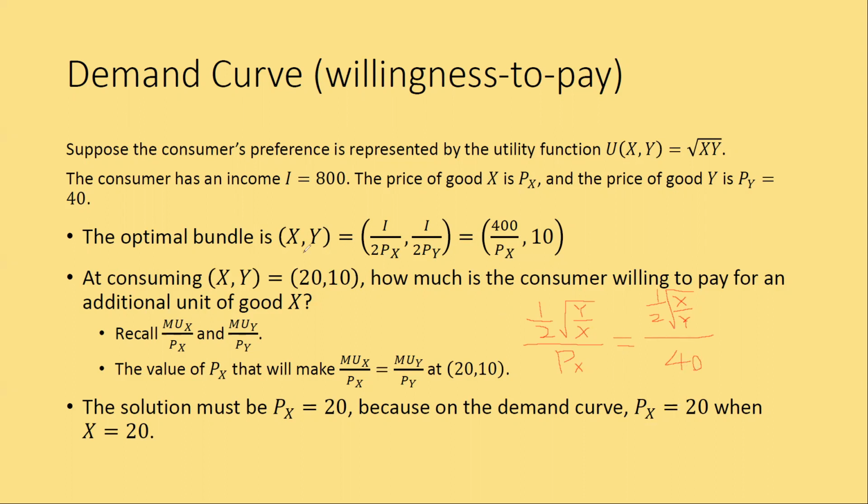I'm also going to substitute x and y being 20 and 10 into this expression. So this says half times the square root of 10 divided by 20, divided by Px, equals half times the square root of 20 divided by 10, divided by Py, which is 40.